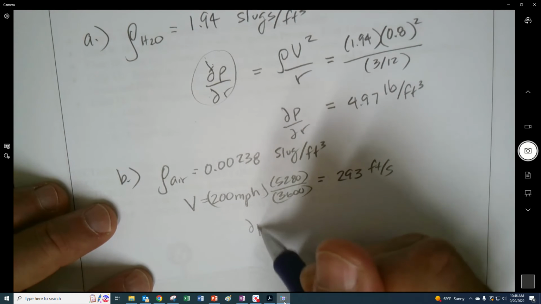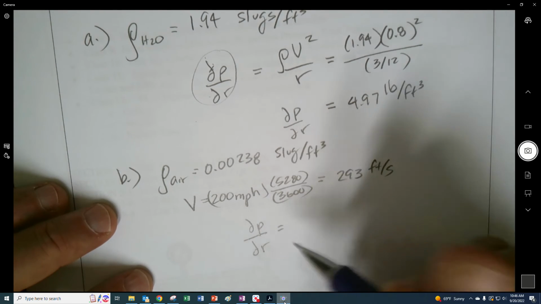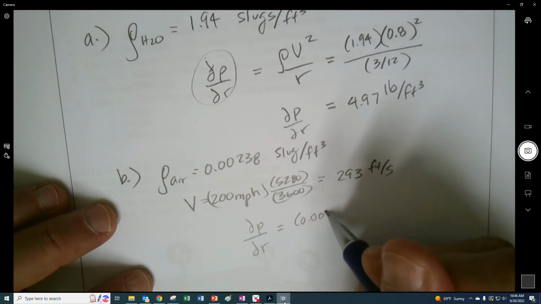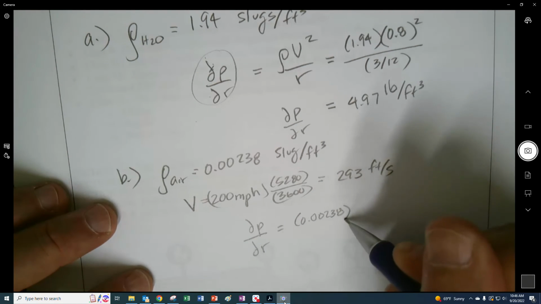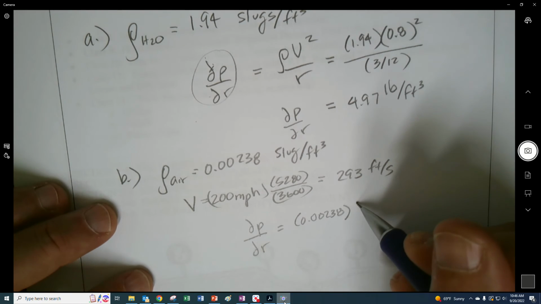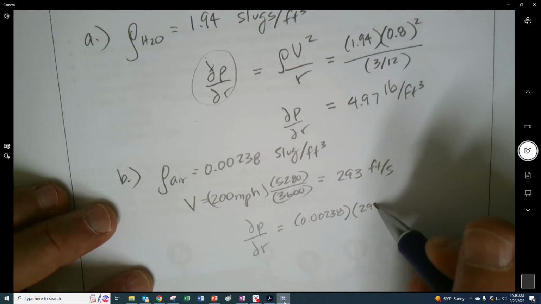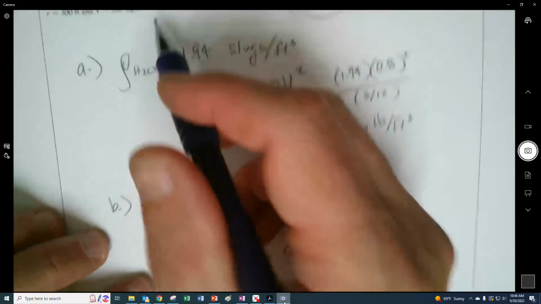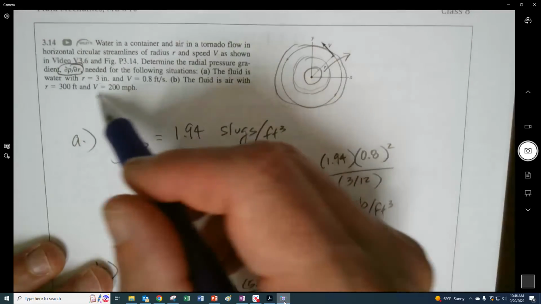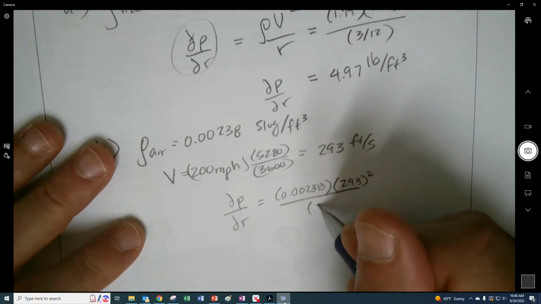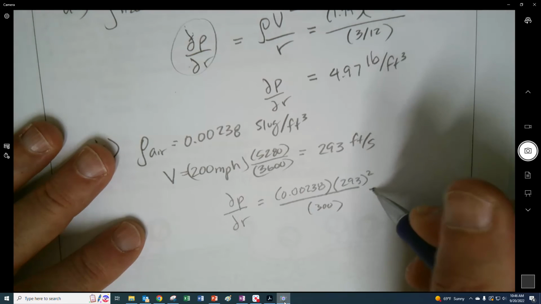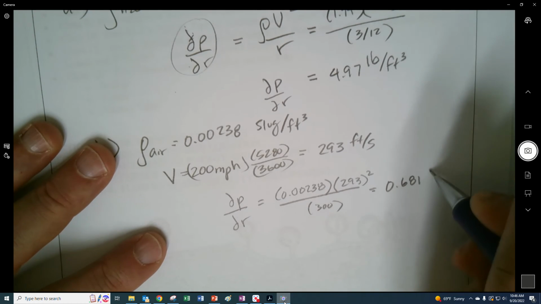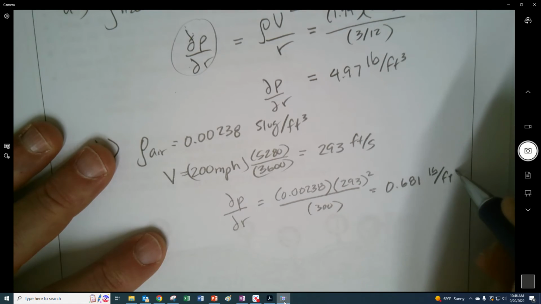But anyway, we can plug this in and say we're going to have 0.00238 times our velocity squared, 293 squared, and divided by our radius, which we said was going to be 300 feet. So we end up with a pressure gradient of 0.681 pounds per cubic foot.